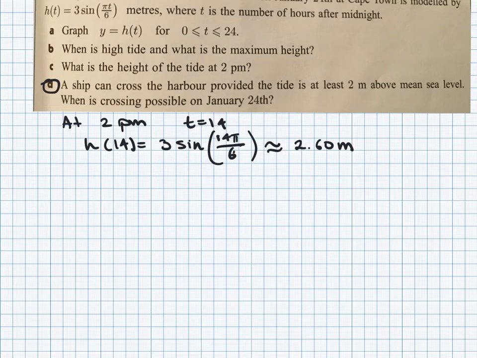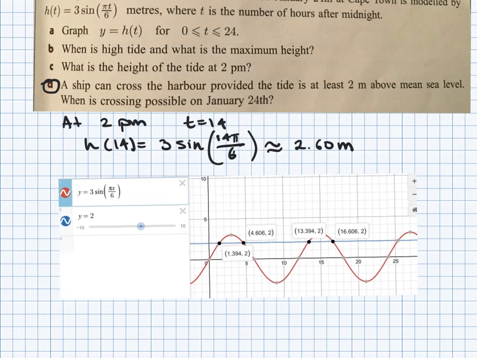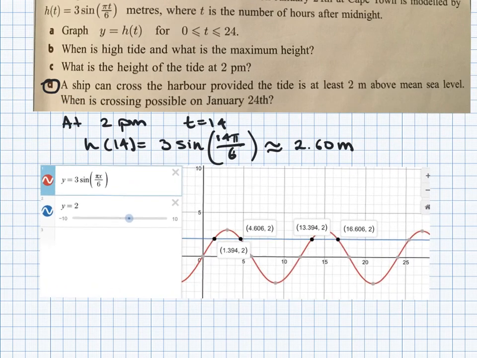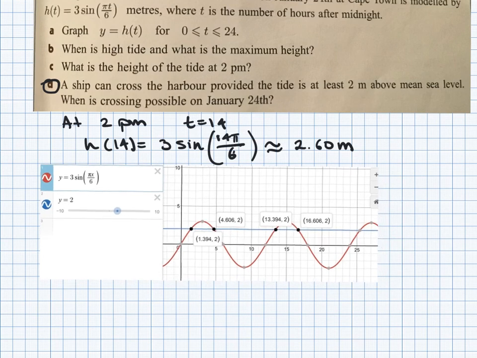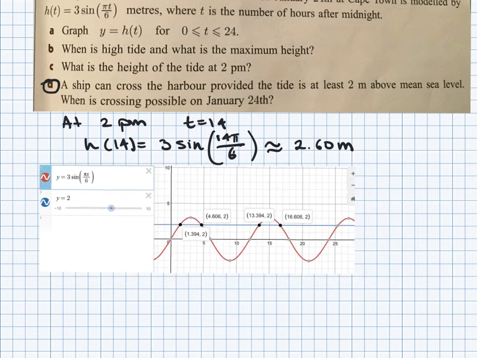A ship can cross the harbor provided the tide is at least 2 meters above mean sea level when it's crossing, possible on January 24th. Now I have used Desmos to draw another graph. Let's see how it's going to fit.